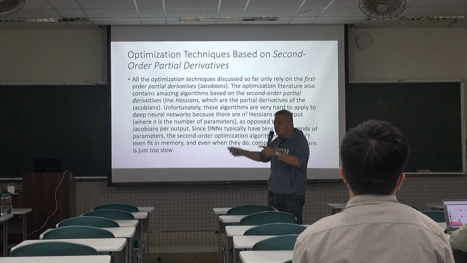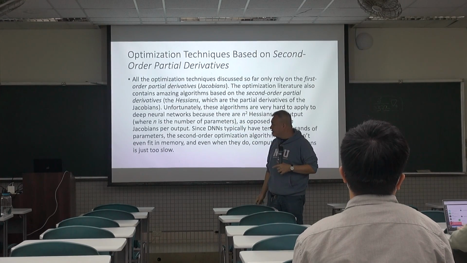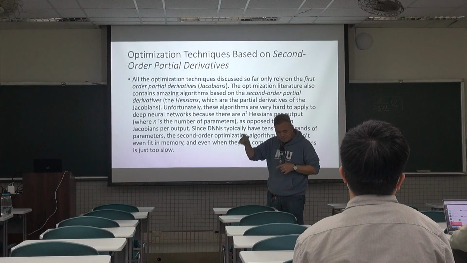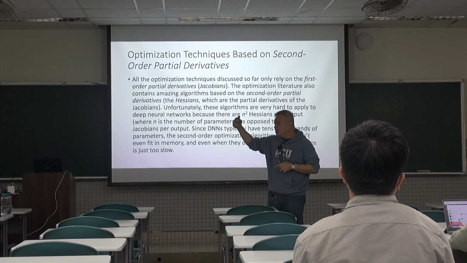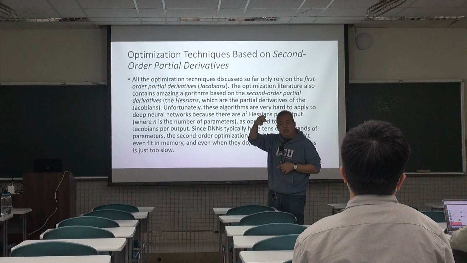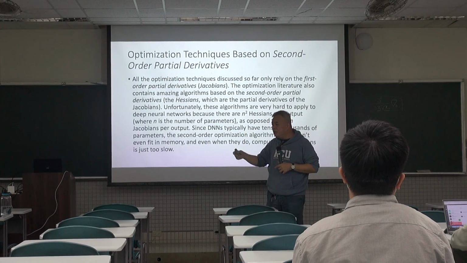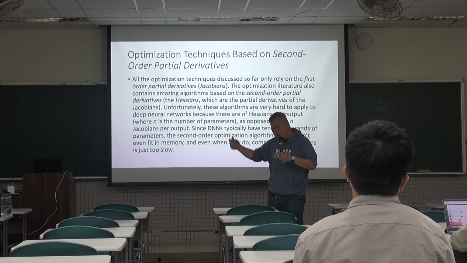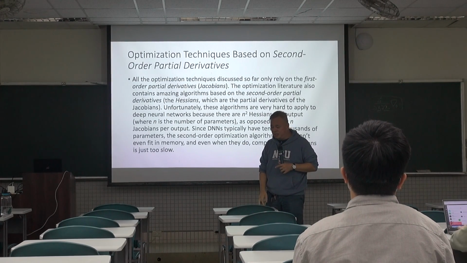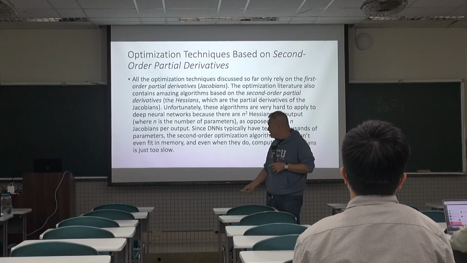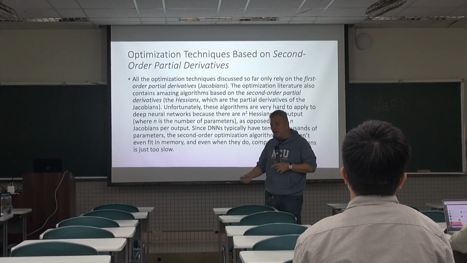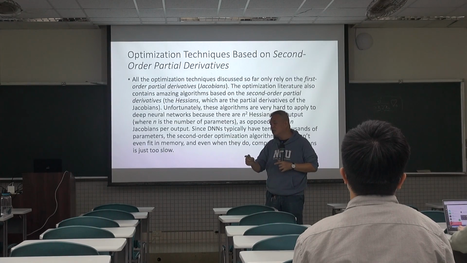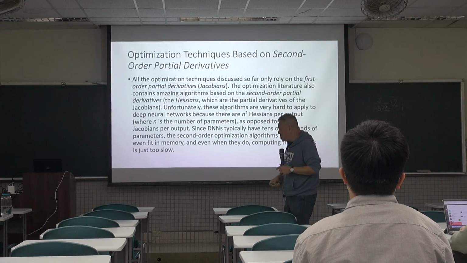Remember we use the model summary to show how many trainable parameters. We normally end up with tens of thousands of parameters even for a small model, so the second order is the square of those numbers. It's going to be very, very big.